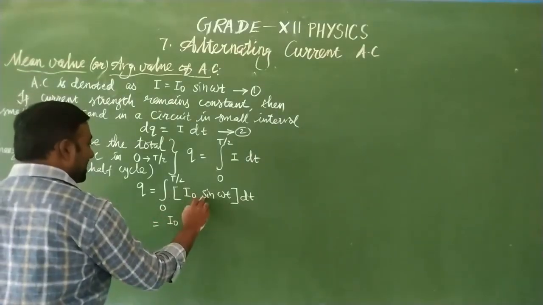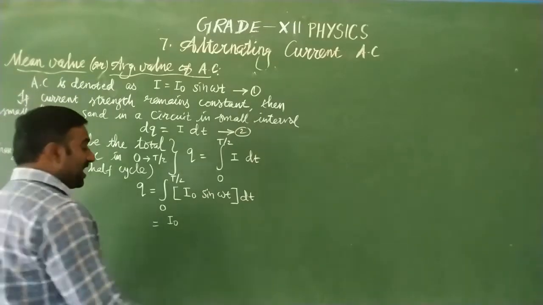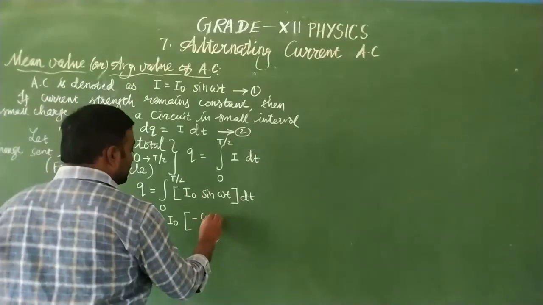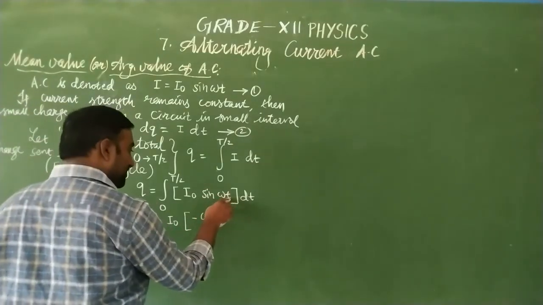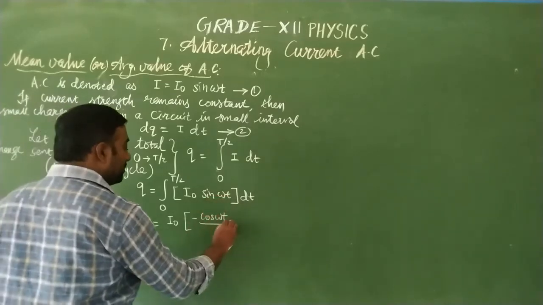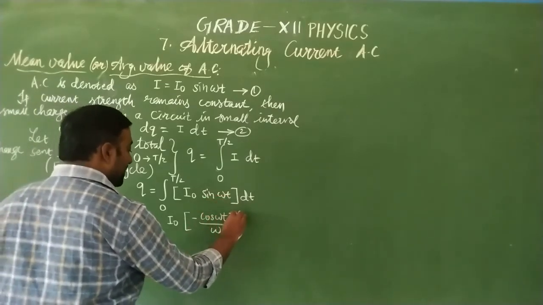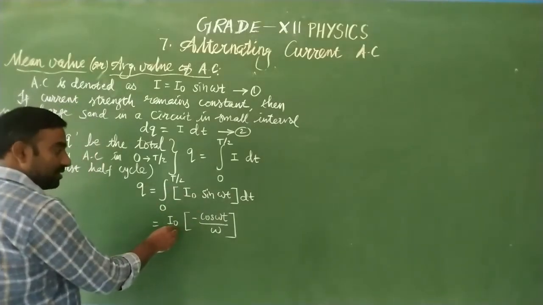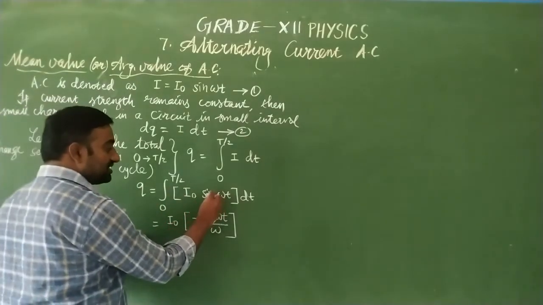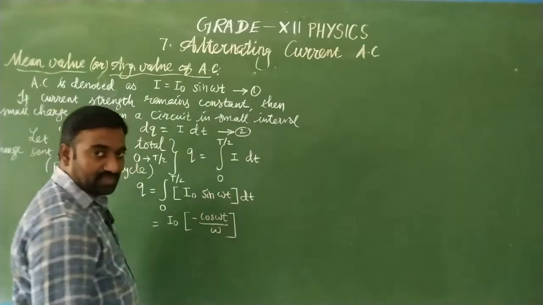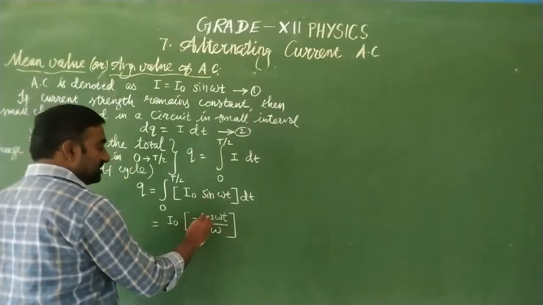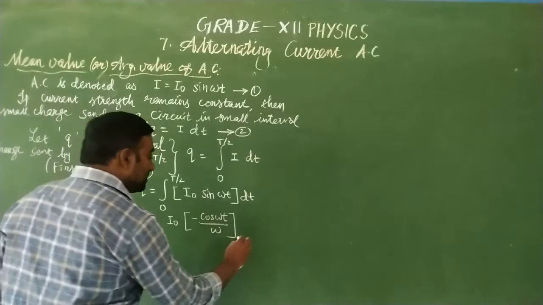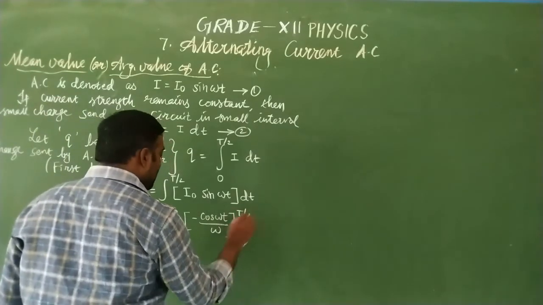Then we integrate sin omega t with respect to time, which gives minus cos omega t, and further integrating gives omega in the denominator. After integrating, this is the value we get, and the limit is 0 to T by 2.